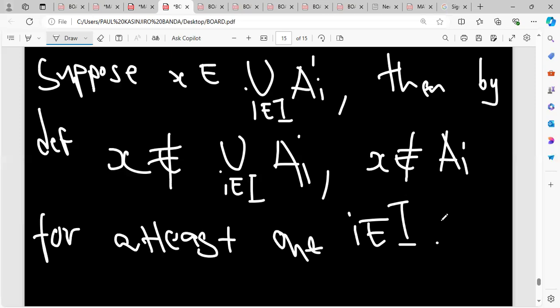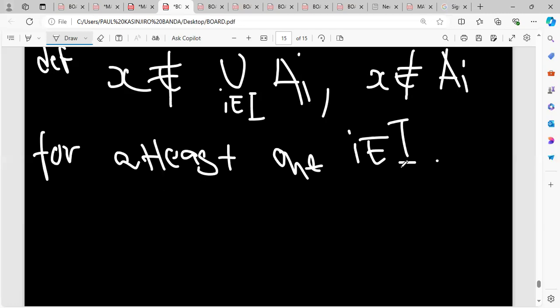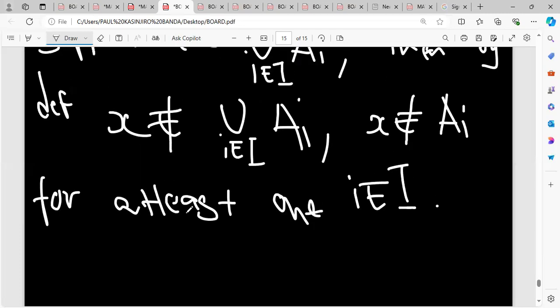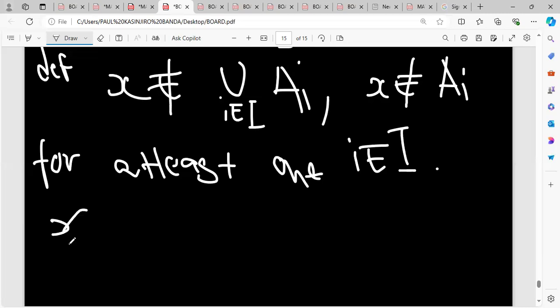Thus we can convert this now to the intersection, because if X is not a member of one of these, then X is actually a member of the A_i complement. Are we supposed to use at least here or for all?